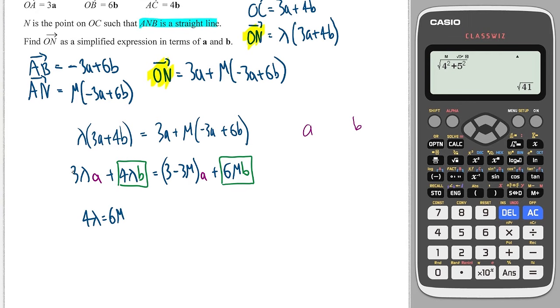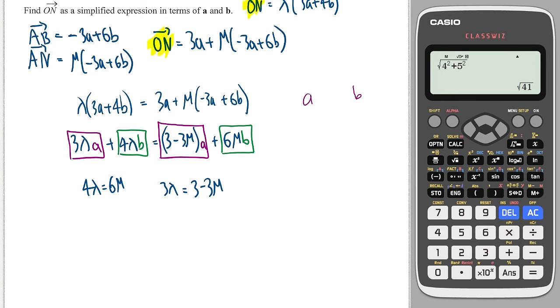And then also looking at the a's, these must be the same on both sides. So 3 lambda must equal 3 minus 3 mu. Okay, great. Now what we can do is solve simultaneously.